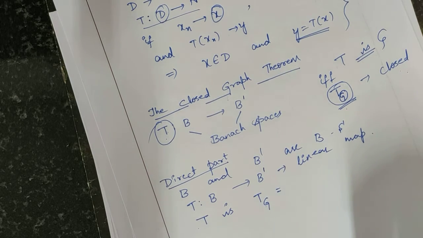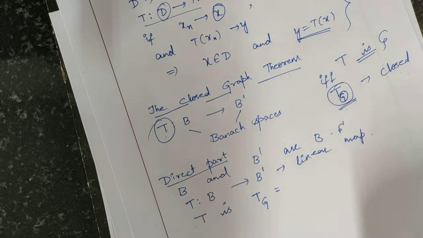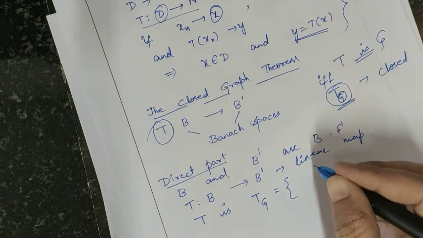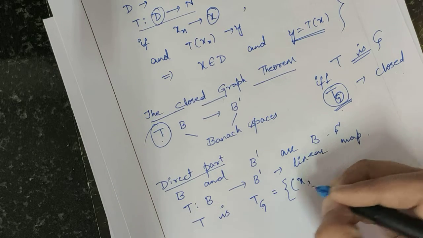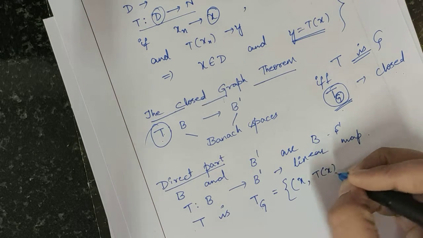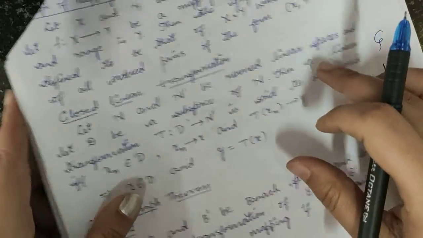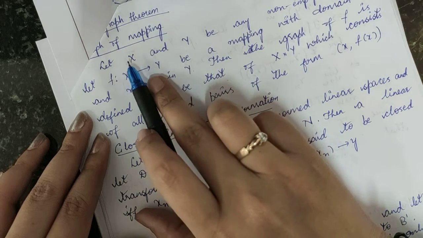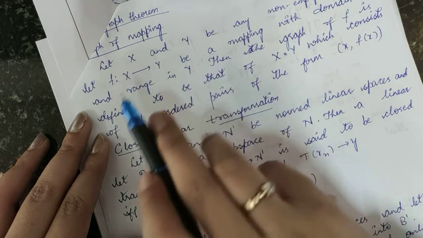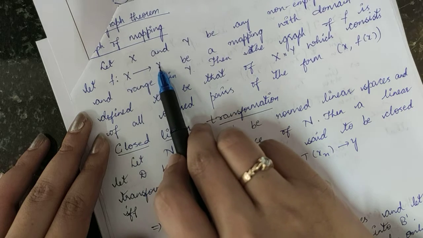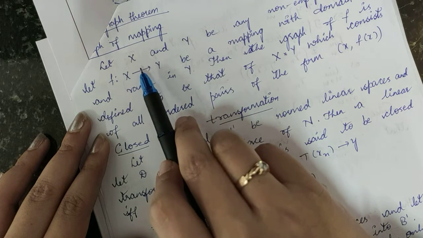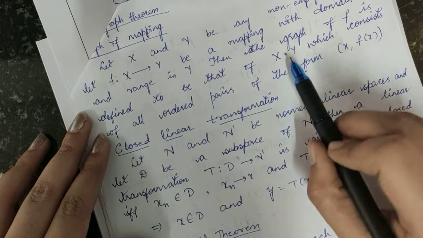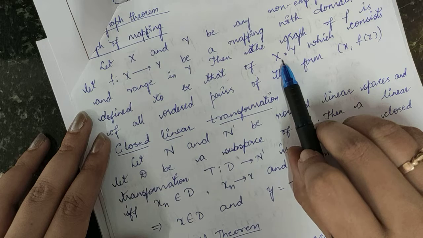So from the definition of closed linear transformation and graph of mapping, I can write that TG is a graph and it will be in the form of x comma T of x. We have seen in the definition of graph of mapping, we have X and Y as non-empty sets, X is the domain and Y is the range. So f from X to Y is a mapping. If I want to define the graph of f, it is a subset of X cross Y, right?